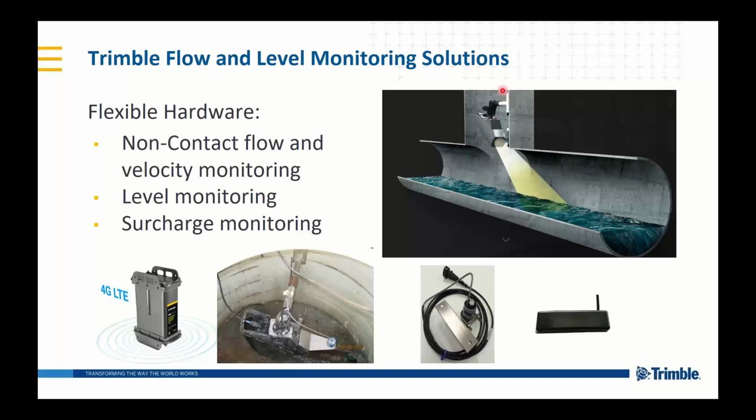This is what you see up here in this diagram. It's our Raven-Eye. That can also be tied in with a level sensor, so you can do level monitoring as well. And we also offer an AV sensor as well that sits in the flow. So if you guys have applications where it's impossible to get the Raven-Eye in, or you just prefer the AV sensor, then we also have that option as well for you.